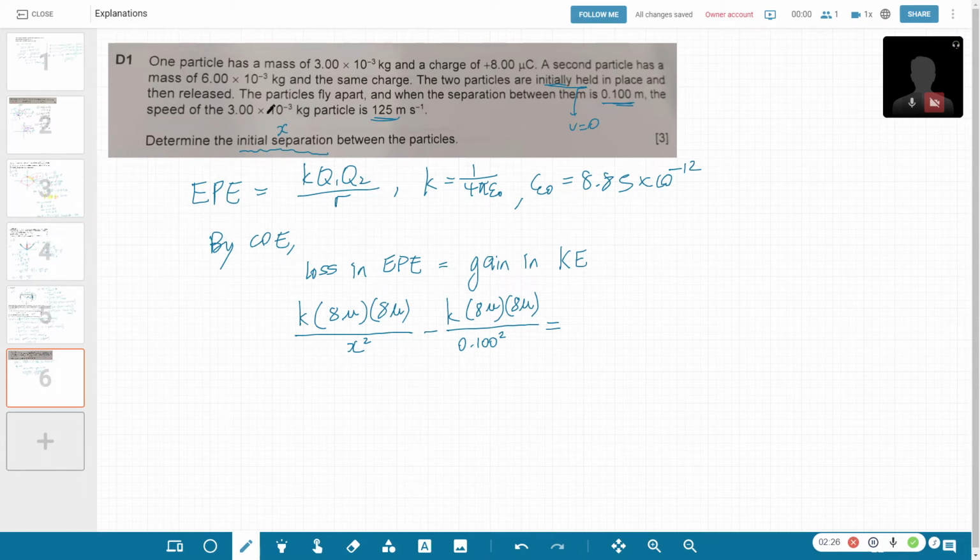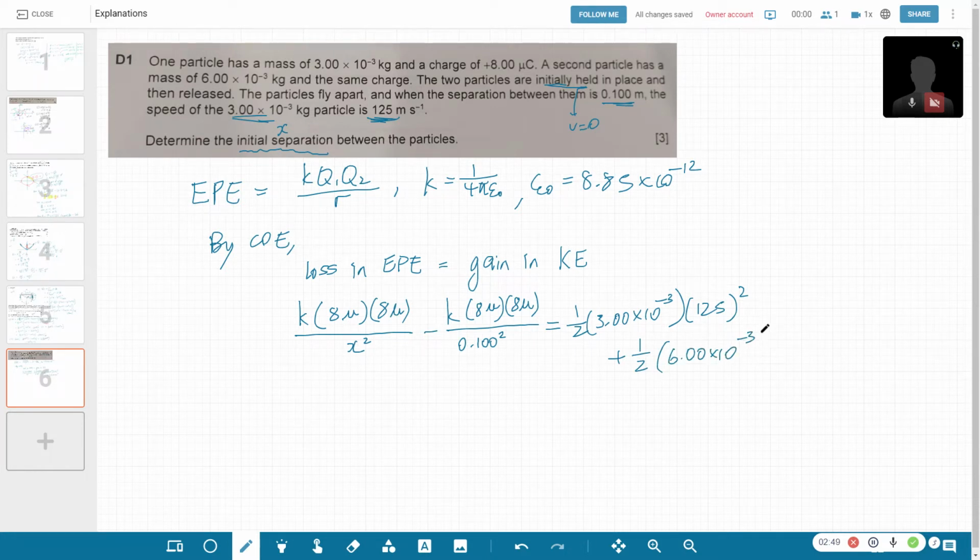The speed for the 3 times 10 power minus 3 is 125. So half times 3.00 times 10 power minus 3 times 125 squared, plus half times 6.00 times 10 power minus 3.